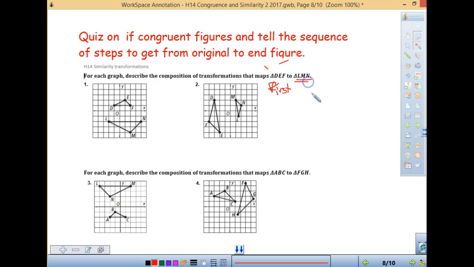L, M, N is your last one. Now, most of them are usually 1 or 2 steps, right? You're probably going to do a size change to start with, and then probably a reflect or a rotate or something else, okay?